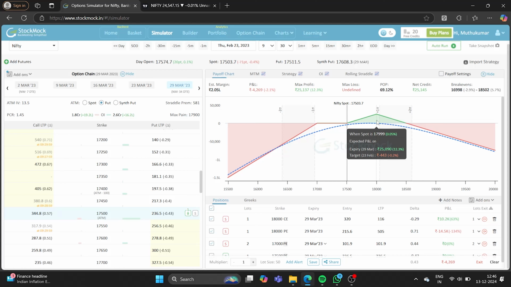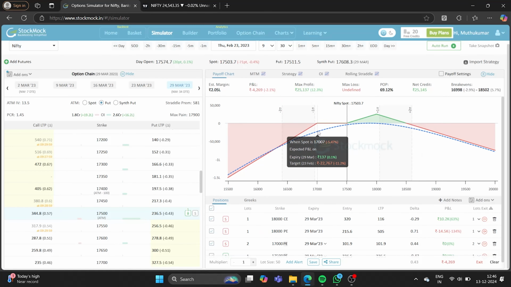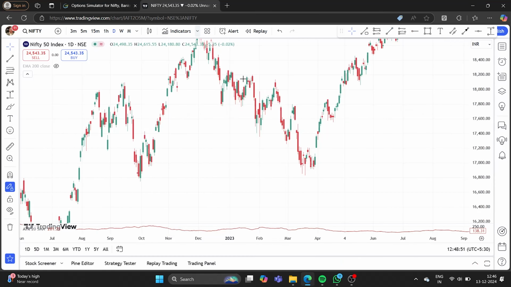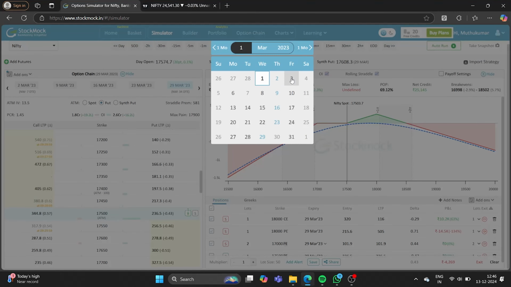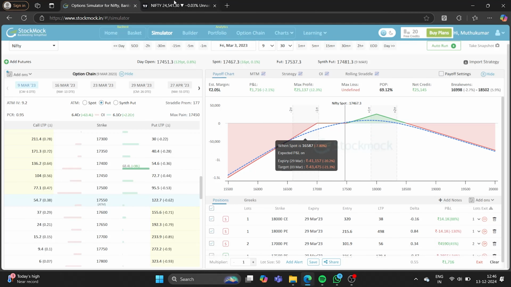Rarely do you lose money on this adjustment, but most of the time you will make money with this adjustment. Now let's see when 17,000 came. 17,000 was breached on 15th March. Okay, on 3rd of March we were in profit.